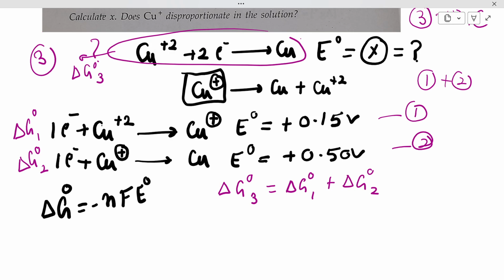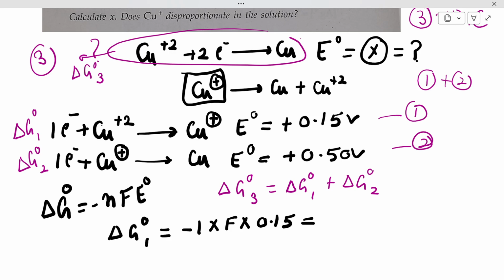So if we substitute the values of delta G3, delta G1 and delta G2, then we can get the answer. First of all, we have to calculate delta G1. That's very simple, it will be equal to minus nFE naught. What is the value of n? That is 1, the number of electrons. F we can put as F or 96500.